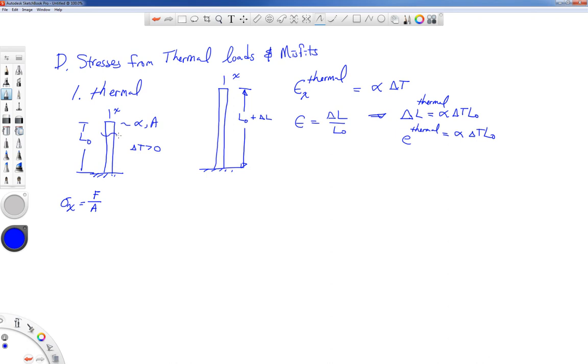And if this is free thermal deformation, the axial force is equal to 0. Here's my free body diagram with my internal force F, but there's no applied force, so that there is no axial stress.